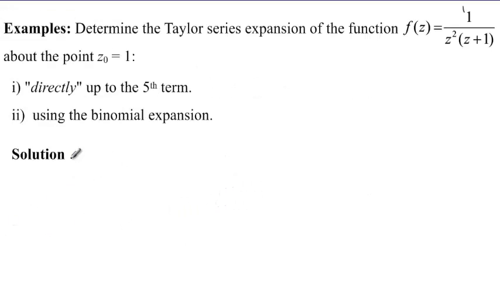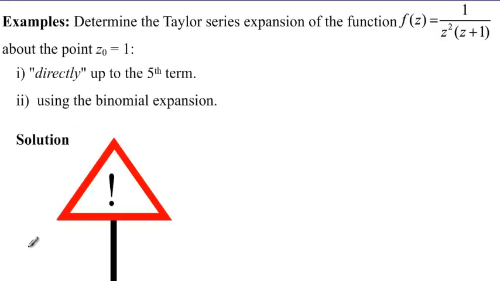Now, at this point, directly, I would like to give a kind of a warning. A function like this, if we were to differentiate it up to 5 times, is a quotient. We all know that the differentiation is going to be each time complicated by the fact that this is a quotient.